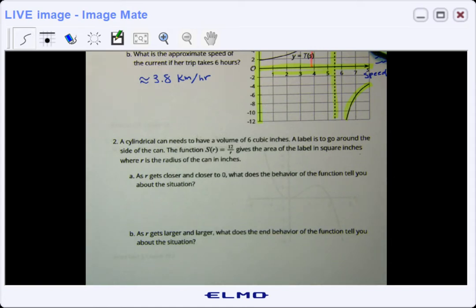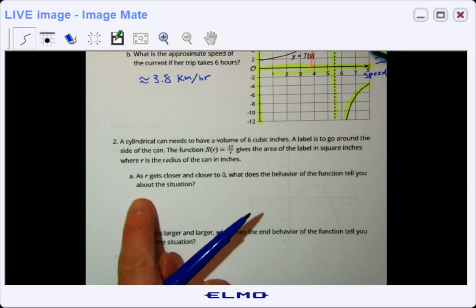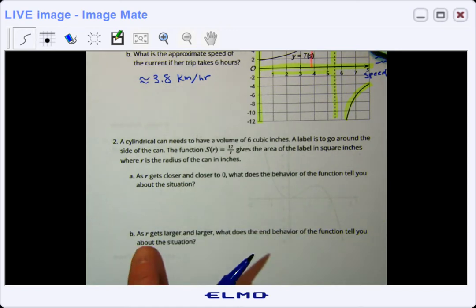And so we have 2 questions. One, as R gets closer and closer to 0, what does the behavior of the function tell you about the situation? And then as R gets larger and larger, what does the end behavior of the function tell you about the situation?